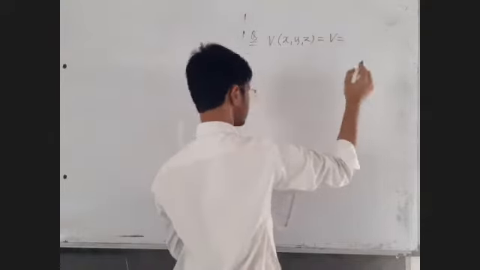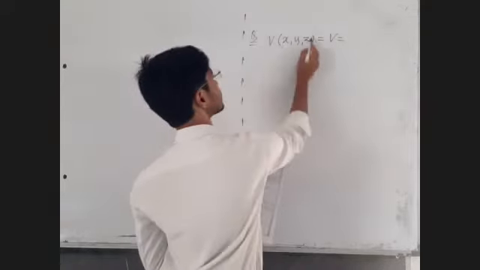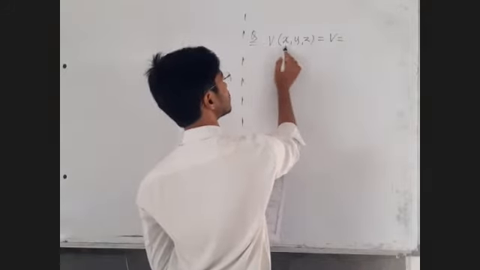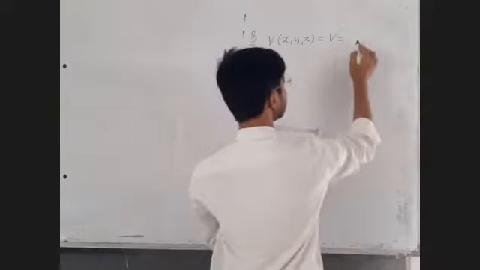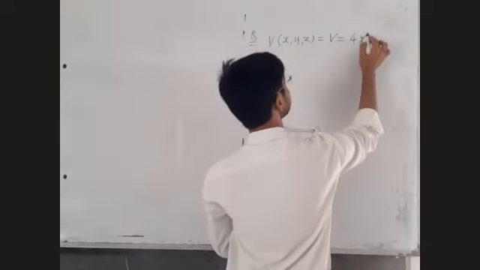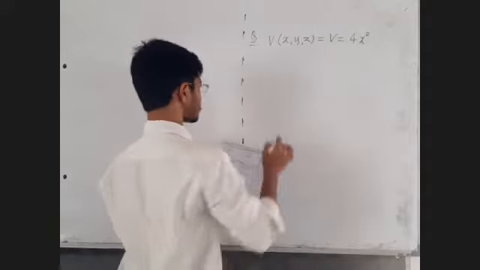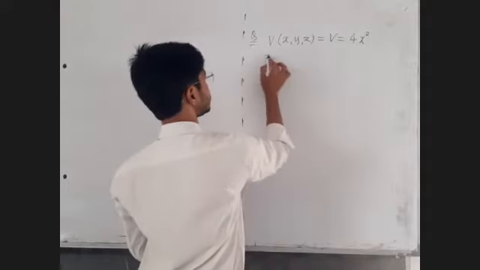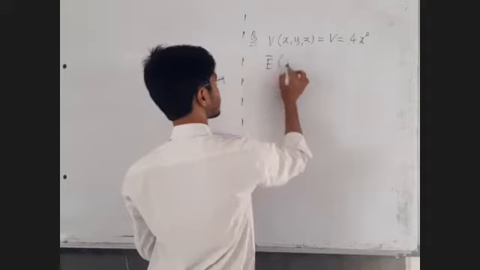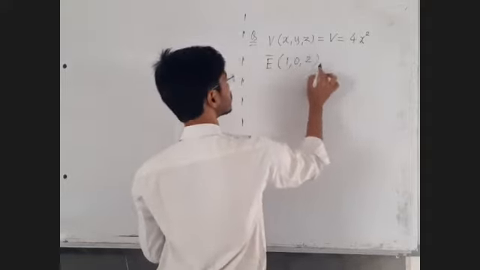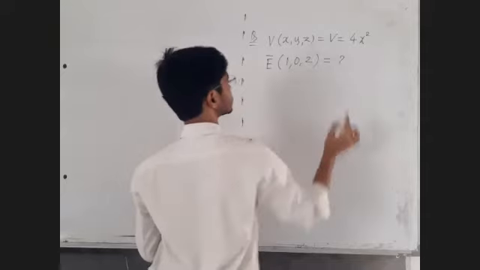Potential is a function of x, y, z, and it is a scalar value. It can be positive, negative or zero. It is given as 4x square, and we have to find the electric field vector at point 1 comma 0 comma 2.